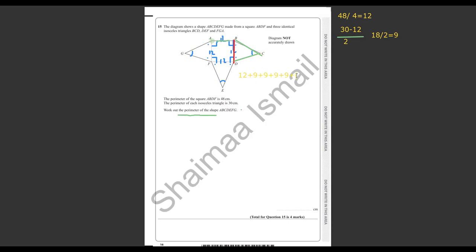So plus 9 plus 9 gives us a total of 66. Okay, so the perimeter here will be equal to 66 centimeters. Only one question on the page and we already did it. Okay, let's see the next.